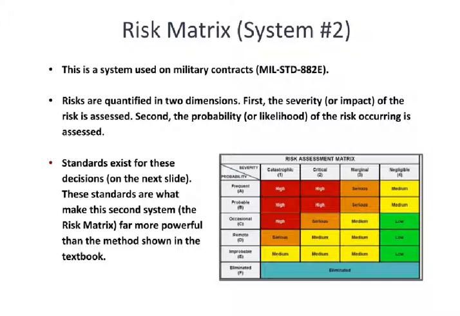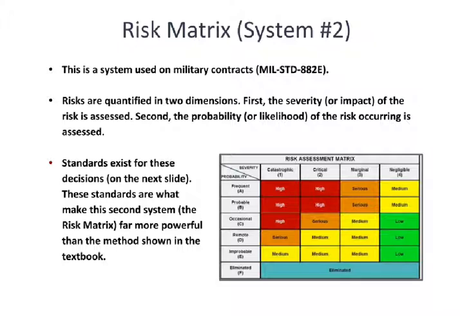But due to the probability being improbable, it's not nearly as alarming as if you're up here in this red. So it gives you a bit more of an understanding of how you need to focus your attention and which risks perhaps need to be monitored far more closely than other risks. That's part of what I like about this matrix approach.